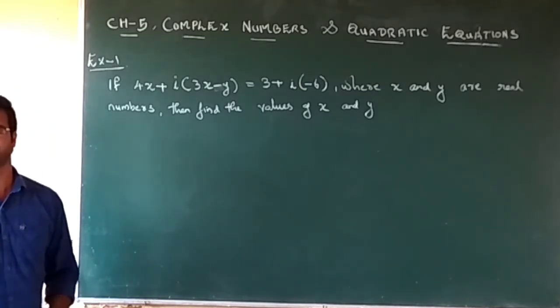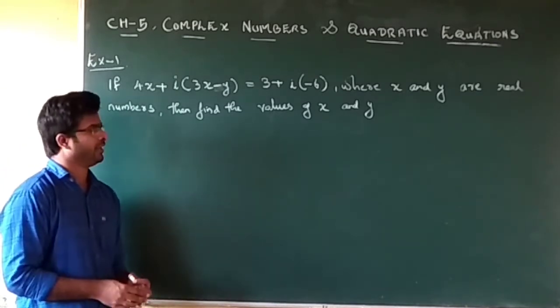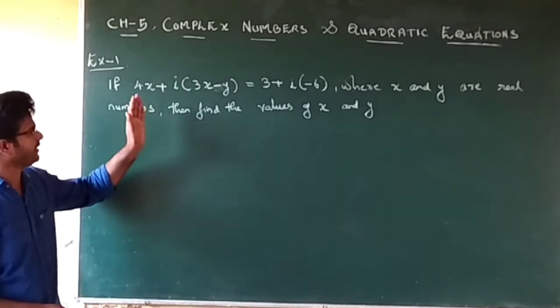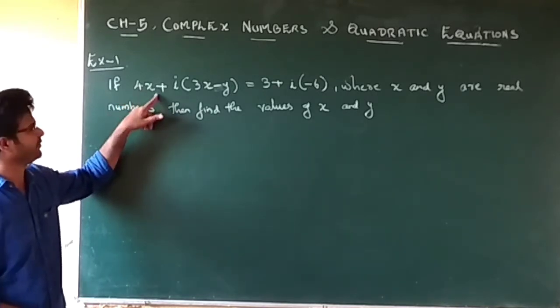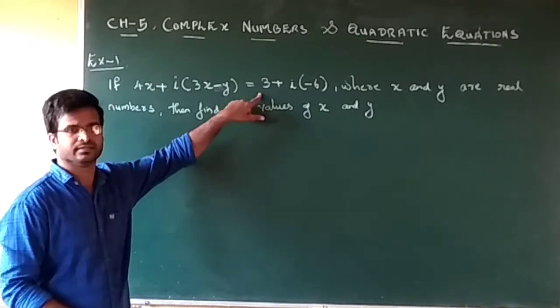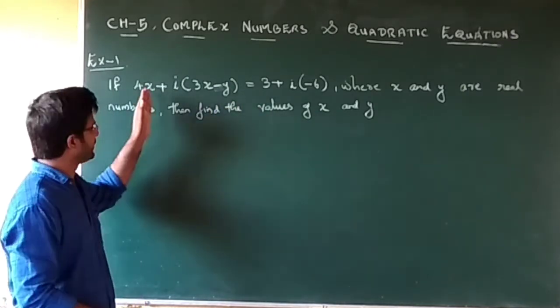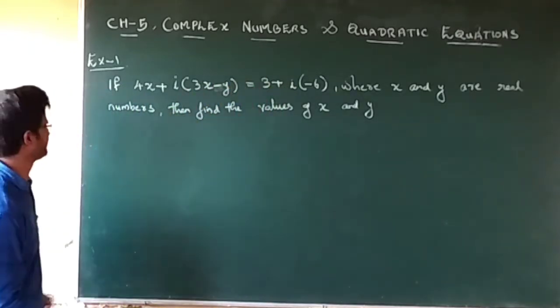Since they mentioned that both are real numbers, how can we find them? On the left side we see one real part, that is 4x. On the right side we also see one real part, that is 3. We can compare the real parts from the left side and the right side.